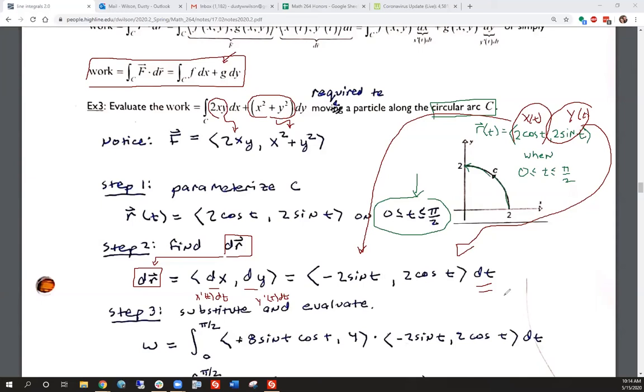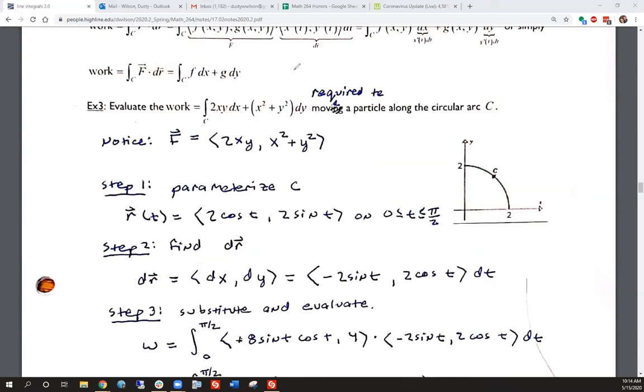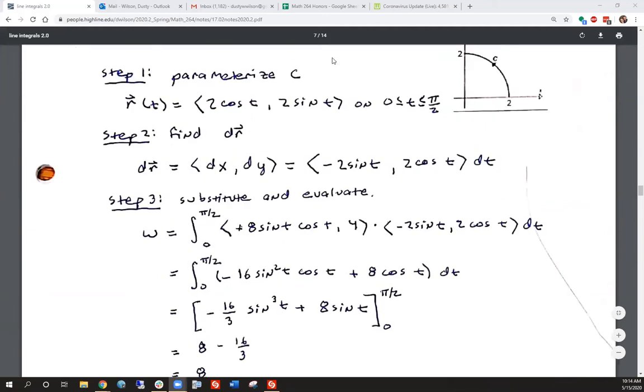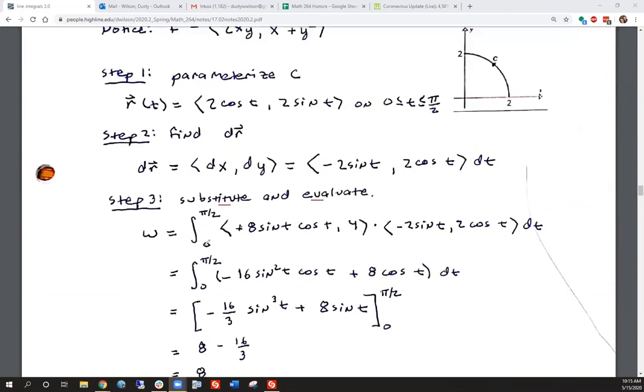Very good. So the last step here, and I don't want to work through all of it, but I want to make sure that you're seeing what's going on, is that once you do all of that work, you substitute and evaluate. So your work integral, which was before a line integral, is now a definite integral from 0 to pi over 2.